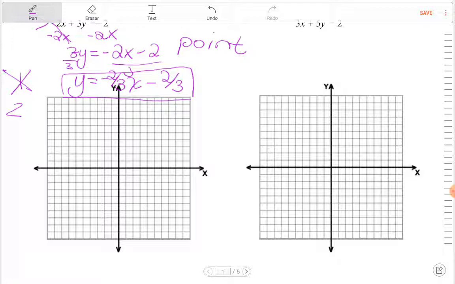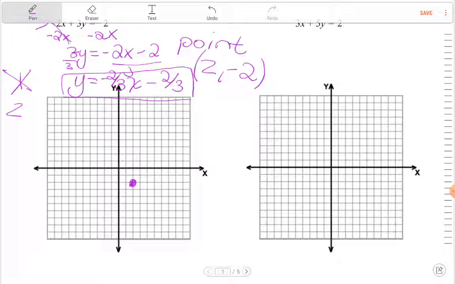Let's try out 2. Negative 2/3 times 2 is negative 4/3, minus 2/3 is negative 6/3, which is the same as saying negative 2. So my point is 2, negative 2, which is right here.